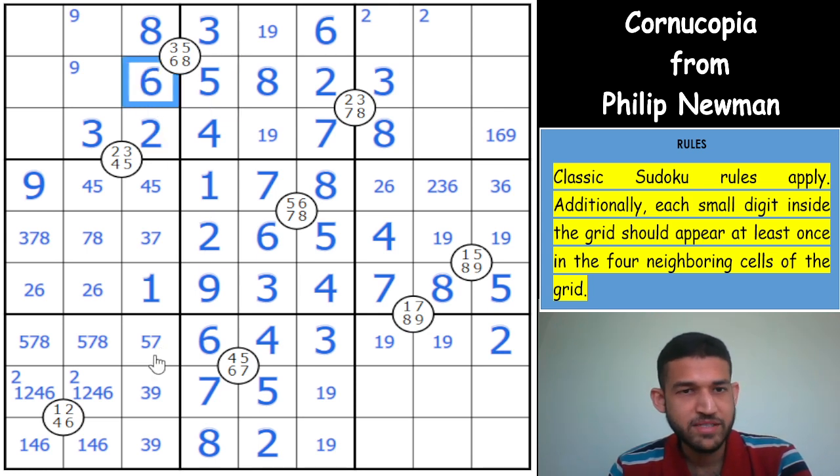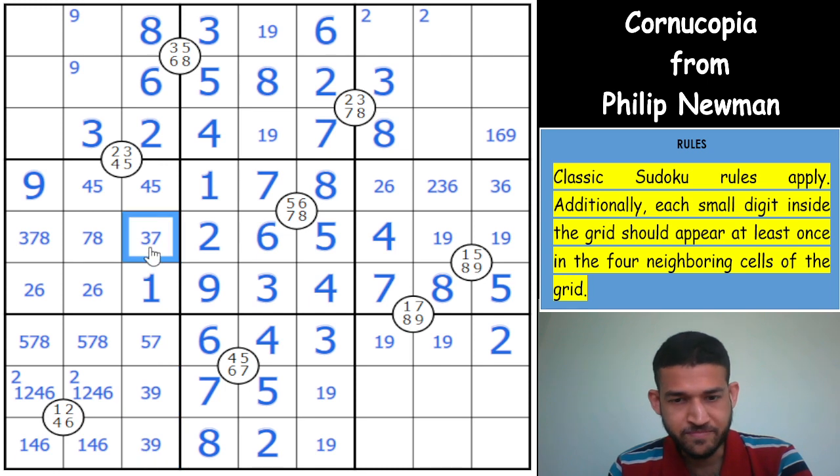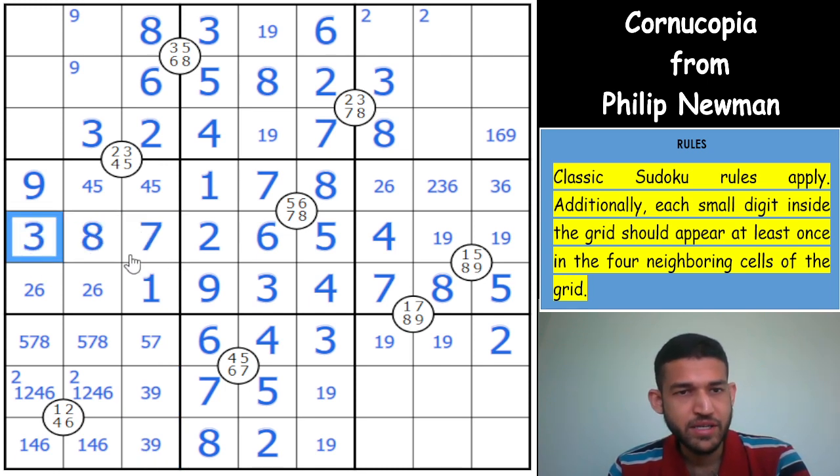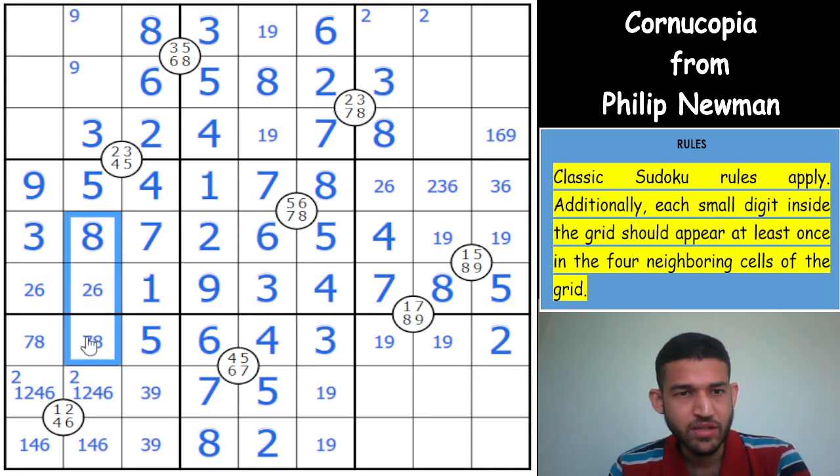Beautiful, amazing. So this 3 9 gives us 7 here, 8 here, 3 here, 5 4 5 becomes 7 8. That can be resolved. That's 8, that's 7.